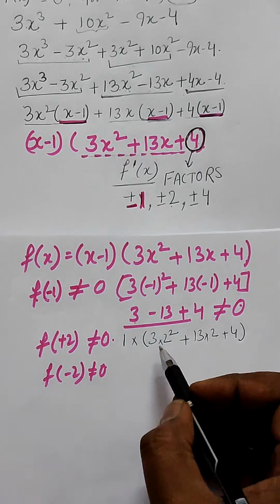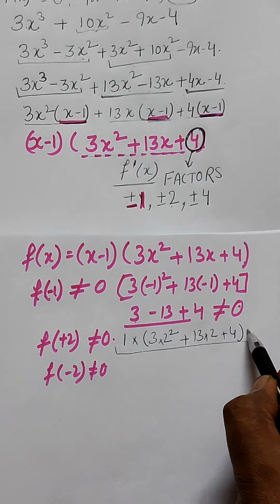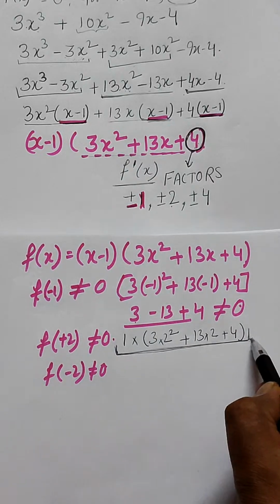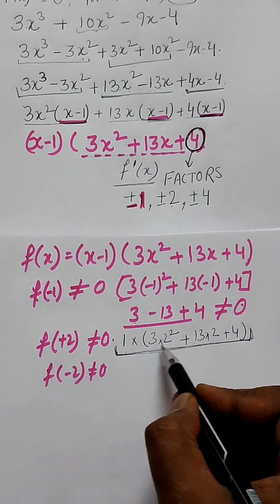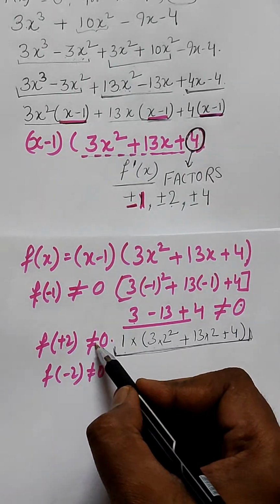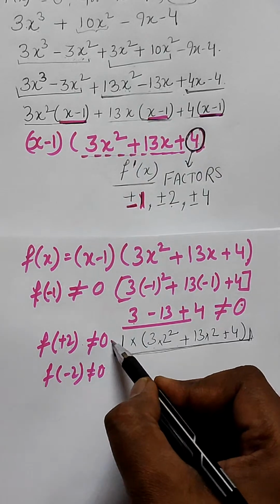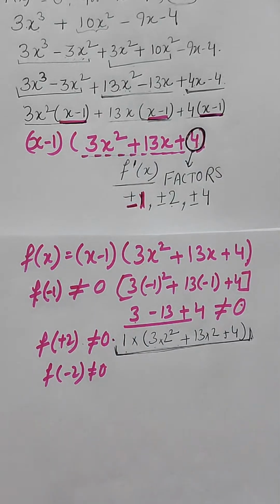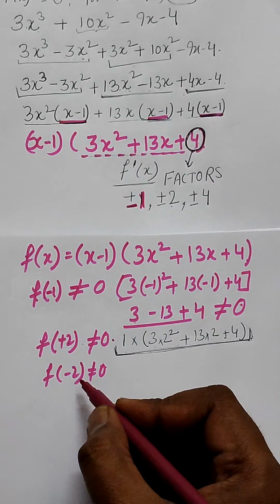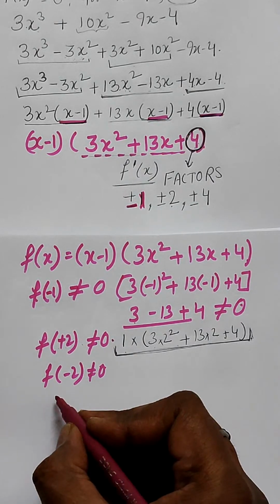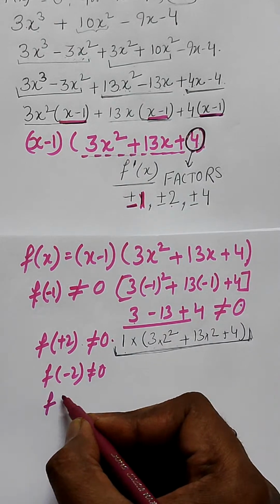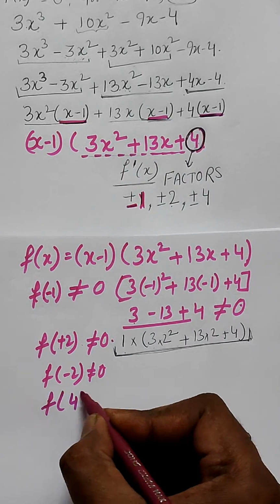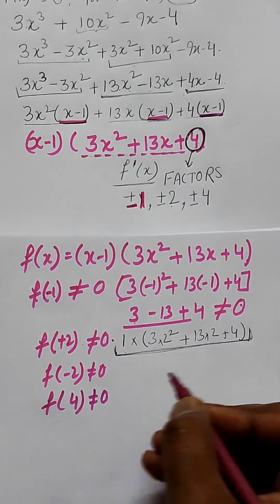Whatever value you are having is positive, and that is not equal to 0. So that's why we write f of plus 2 is not equal to 0. But when you put f of minus 2, that is also not equal to 0. And when you put f of 4, that is also not equal to 0.